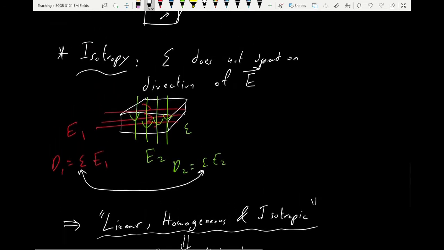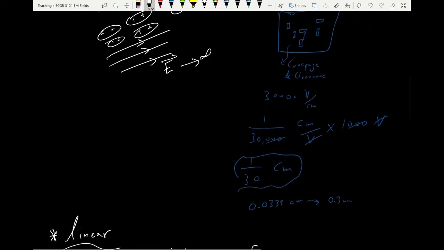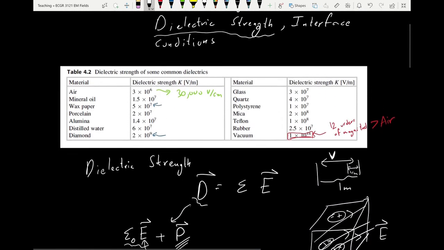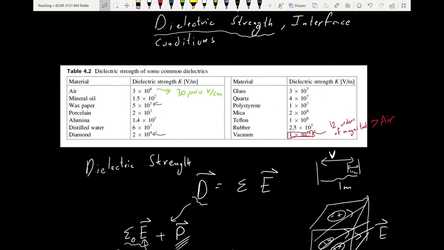The materials in the table here are mostly linear, homogeneous and isotropic. Some specialized kinds of crystals are not, but typically you can assume most materials are linear, homogeneous, and isotropic, unless you are told otherwise.